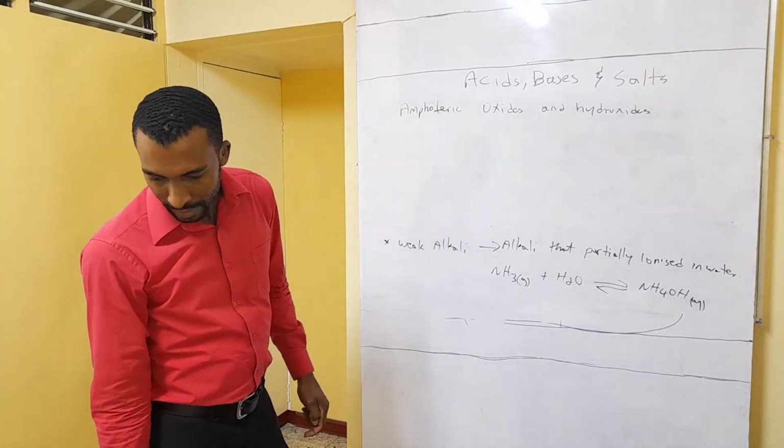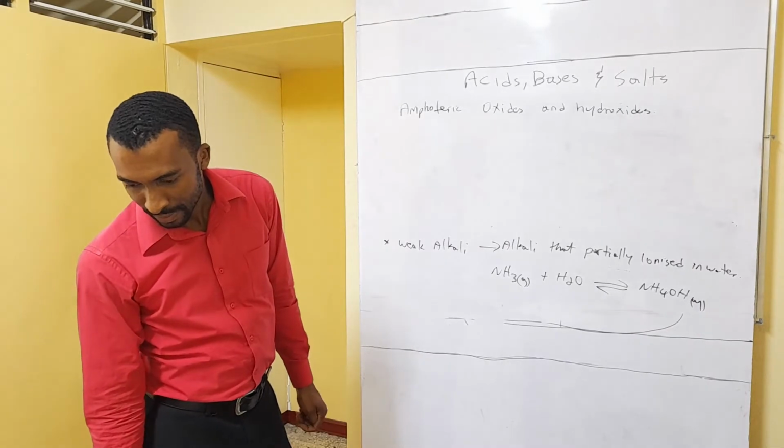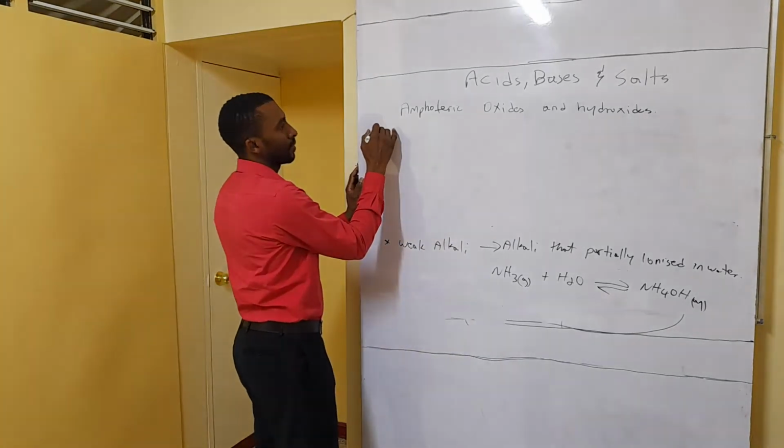So amphoteric oxides react with both acid and strong alkali to form salt and water, right?